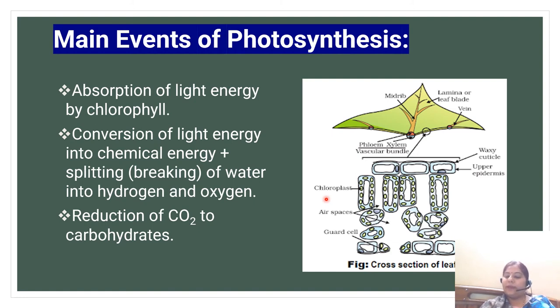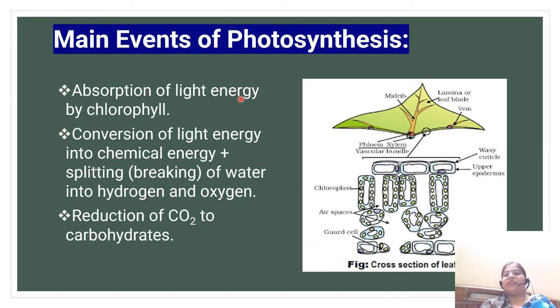The green color pigment present in chloroplast is called chlorophyll. These are air spaces, and then you can see these pores in the lower epidermis of the leaf. These pores are called the stomata, which have guard cells. Through this stomata, carbon dioxide comes in the leaf and oxygen moves out of the leaf.